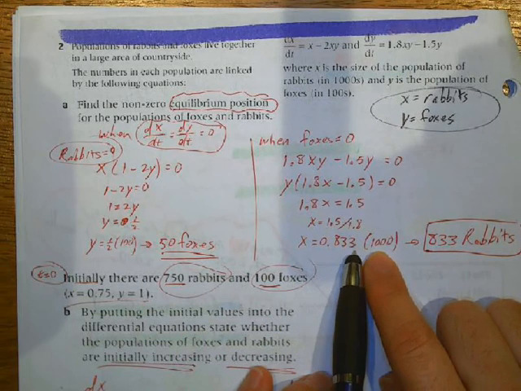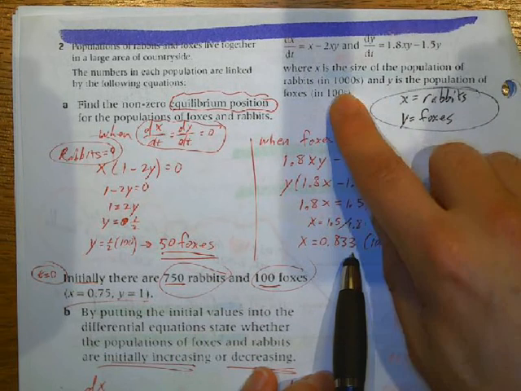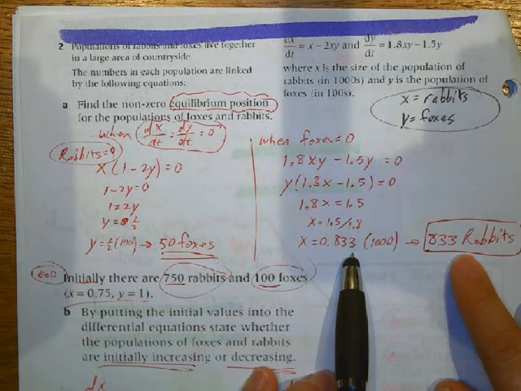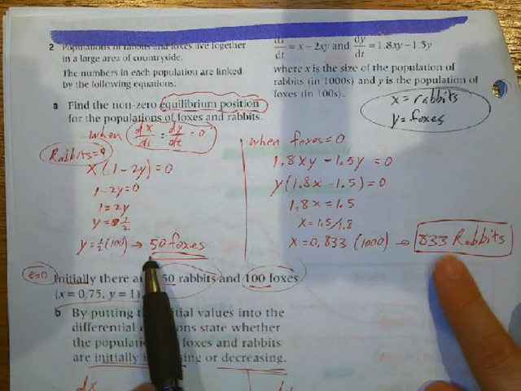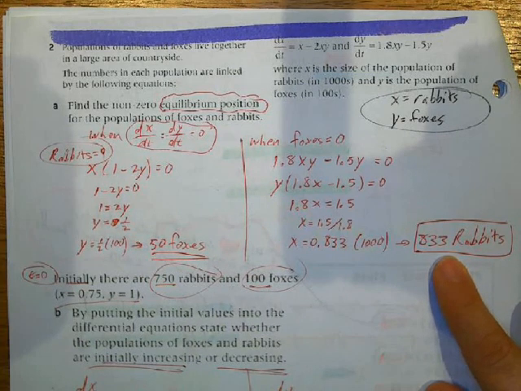Now, this is for the rabbit population at equilibrium. So when we multiply that by 1,000, the rabbit population is at 833. Okay, you're going to see these numbers in a minute when we do the last page of this.